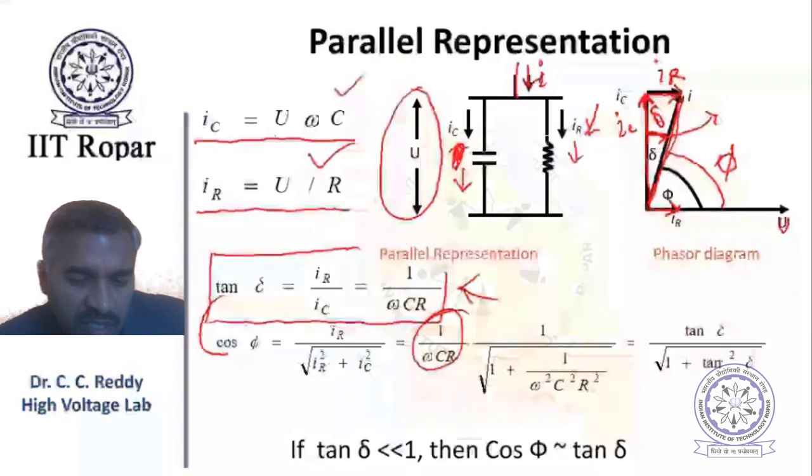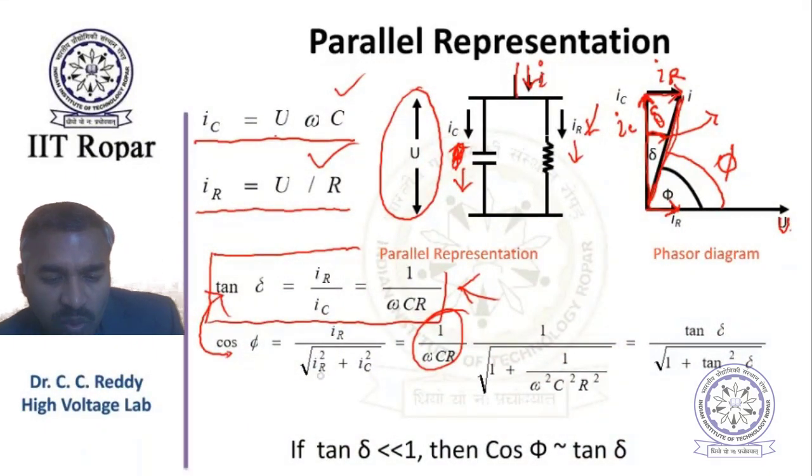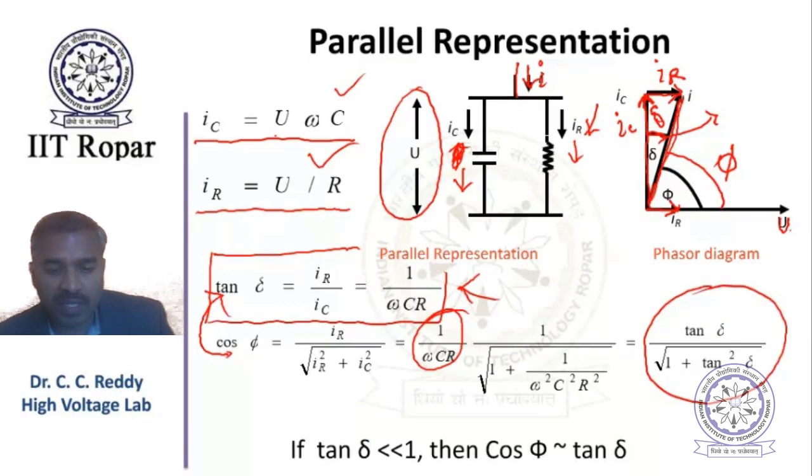Otherwise, you have to start with U by R divided by the root of (U by R) whole square plus (U omega C) whole square. Taking U square out, and taking 1 by omega CR common, it becomes 1 by omega CR into 1 by the root of 1 plus omega square C square R square. Now this is simply tan delta divided by the root of 1 plus tan square delta.